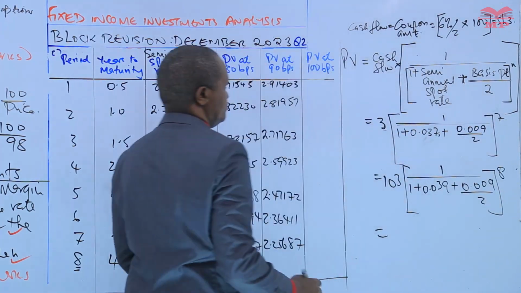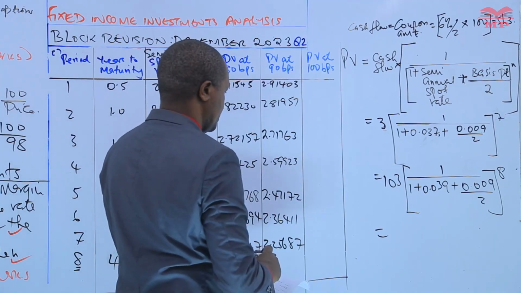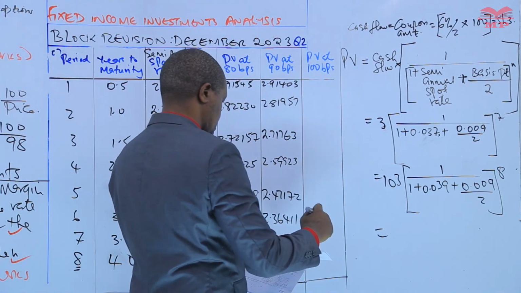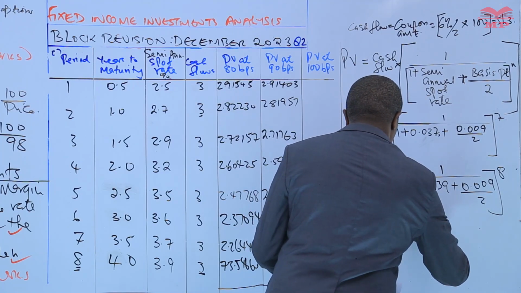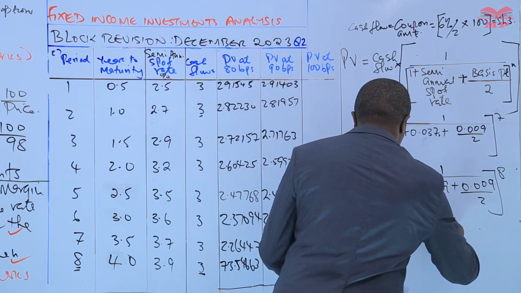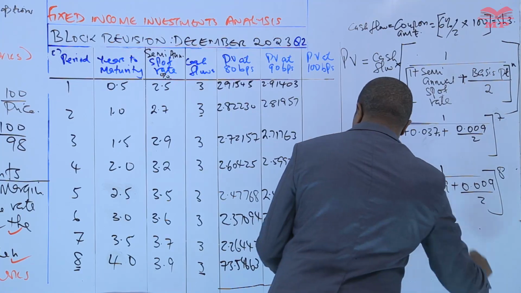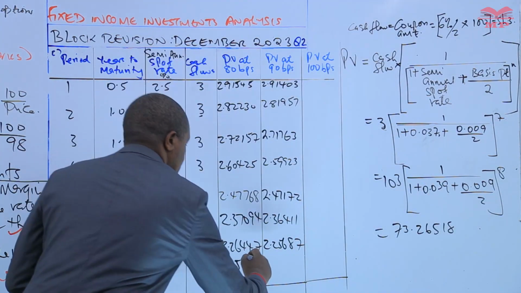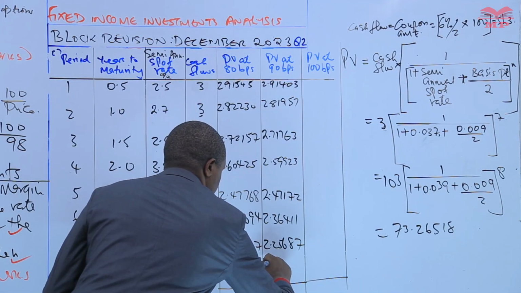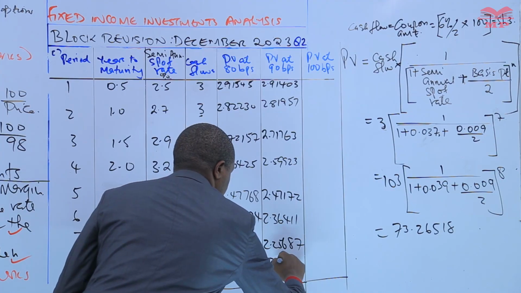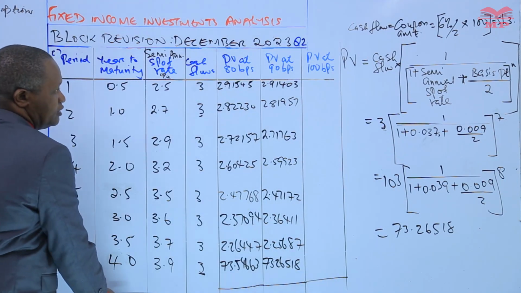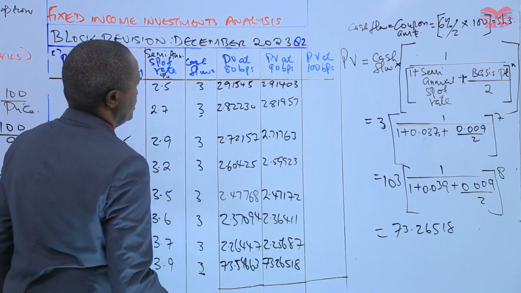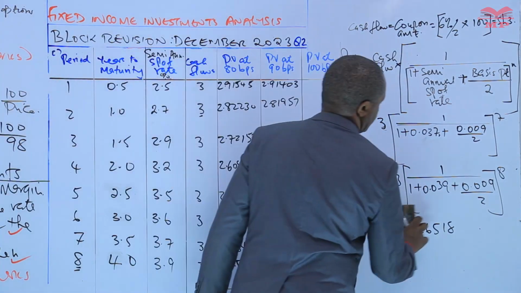That will be the final present value there, 73.26518.